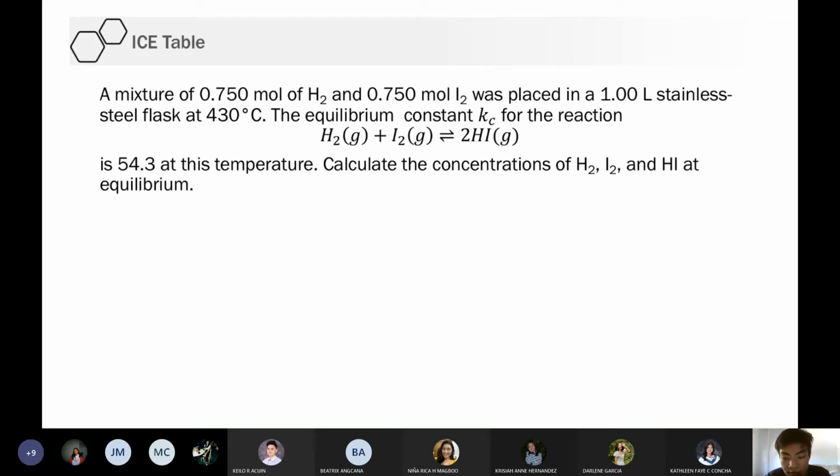Again, this problem gave us the initial amounts and it asks us about the equilibrium concentration. If you are asked for the equilibrium concentration given the initial amounts, you have to use the ICE table. So let's construct the ICE table for this problem.